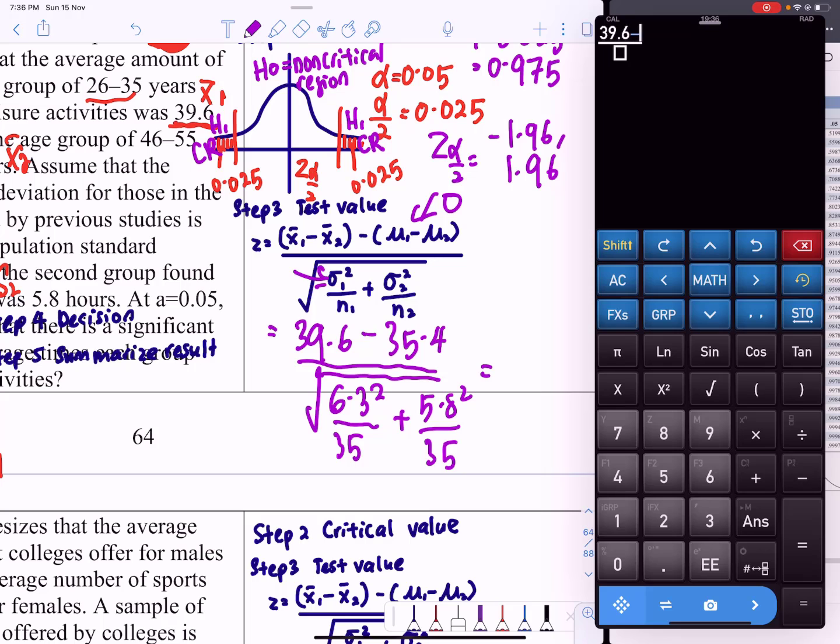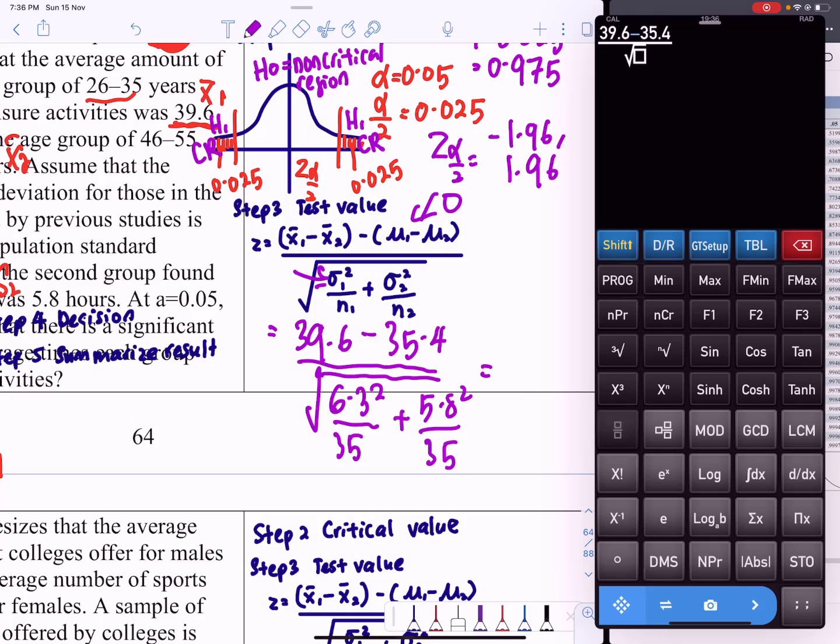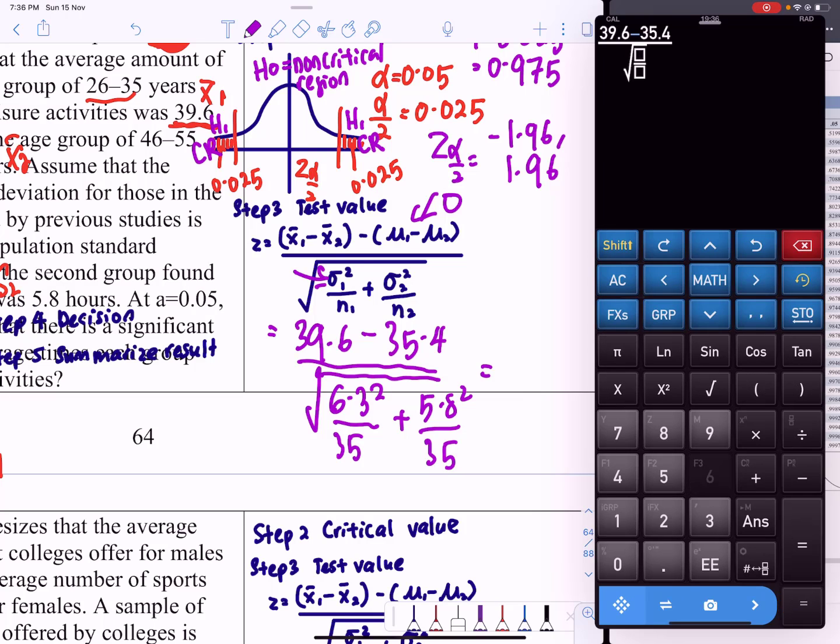39.6 minus the 35.4, and the below one we have the square root, and also we have fraction here, 6.3 squared, and the below we have 35.